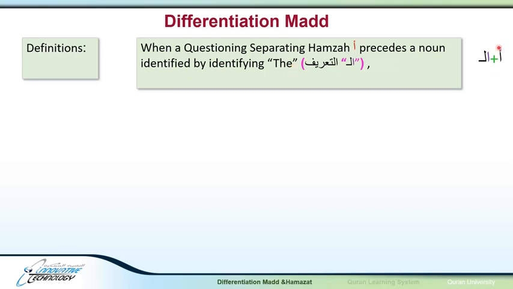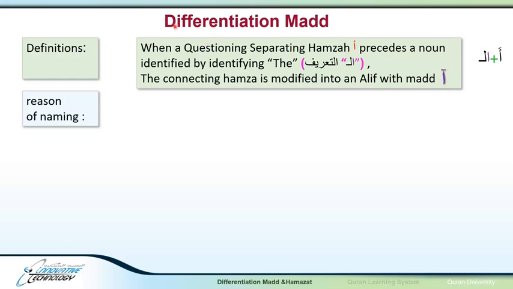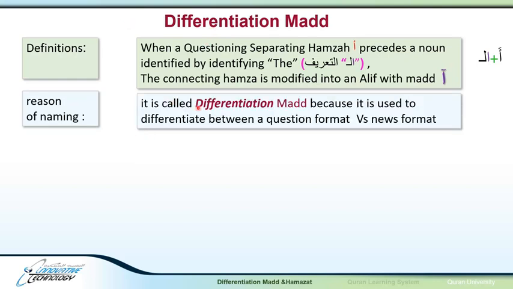A separating questioning Hamza is followed by al-ta'rif started with a connecting Hamza. The connecting Hamza is modified into an alif with mad. Alif with mad. This is called the differentiation mad. And it's called differentiation mad because it's used to differentiate between a question format versus a news format.